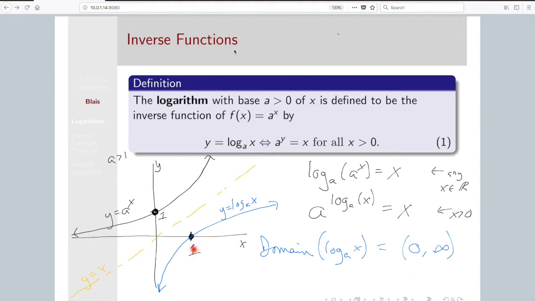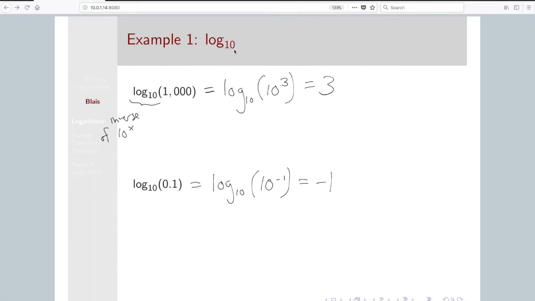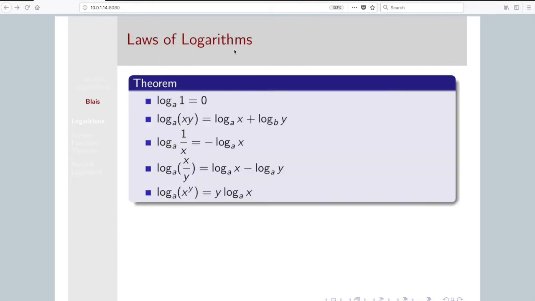So log of 1 is always going to be 0. A key property of logs is that it turns products into sums. So the log base a of x times y is the log base a of x plus log base a of y.